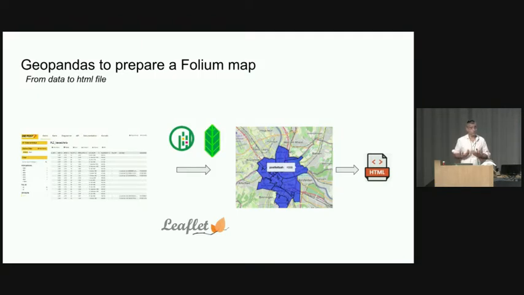You transform it. You use Folium, which is a library based on Leaflet, and then with your notebook you can have your map. And at the end, what you want is to save your map, and you get an artifact, which is an HTML file.